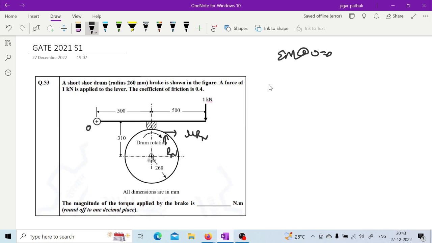If you take moment about O, then this particular 1000 Newton into 1000, right? Distance is 1000. This is generating clockwise. Then this particular mu Rn will be anti-clockwise. Similarly, this Rn is also anti-clockwise, so both can be taken on the other side, right?